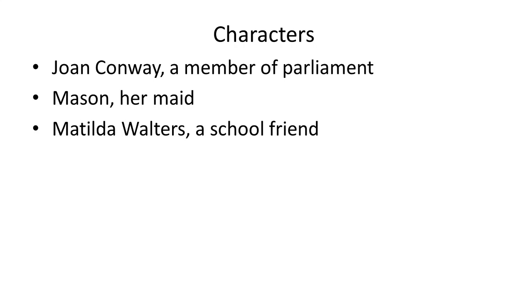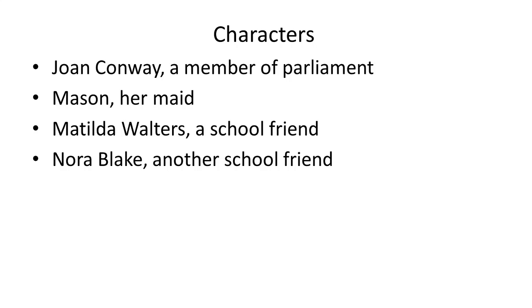Then we have Matilda Waters, who is a school friend of Joan Conway, and Nora Blake is another school friend of Joan Conway. So here we have three major characters: Joan Conway, Matilda Waters, and Nora Blake, who are school friends, and Mason is the maid of Joan Conway.